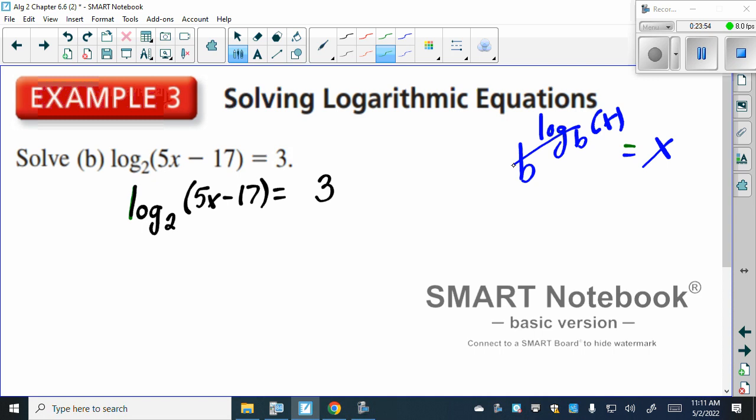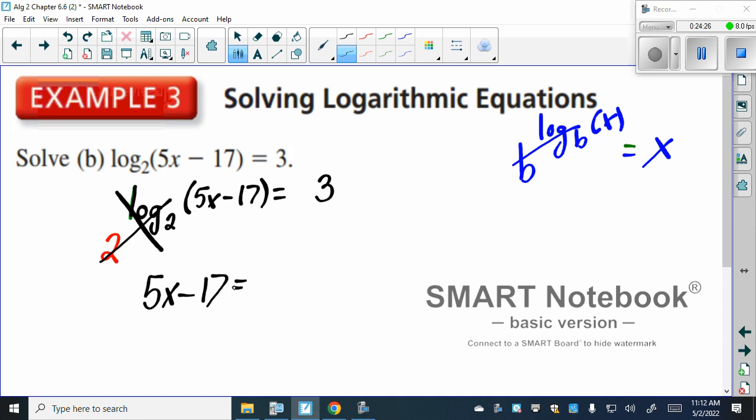So looking at this problem here, what is the base of the log? 2. So if we had 2 to the log base 2 of 5x minus 17, that 2 and that log base 2 would simplify out. They would cancel each other out, leaving us with what's inside the log, which would be 5x minus 17.